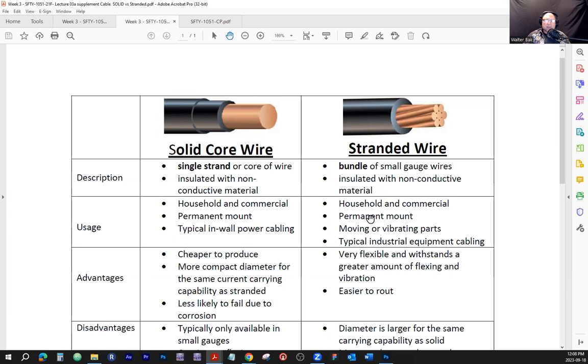So it is better to install stranded wire because the vibrations are not being conducted. We don't want to carry the vibrations through the wire, because what happens if vibrations carry through the wire? Well, some of the connectors might become undone. So if you pop the hood of a car, you're not going to see any solid wire connections. Pretty much all the wires that you're going to see are going to be stranded wires.